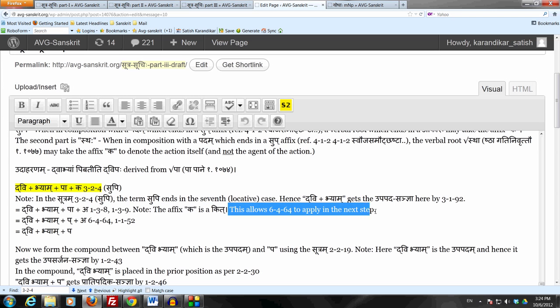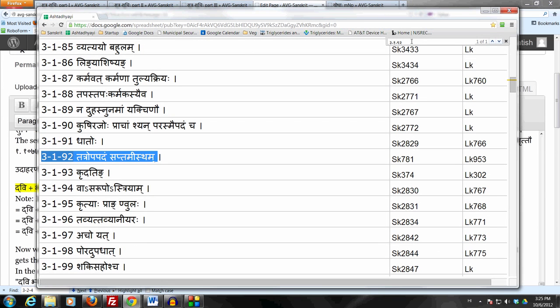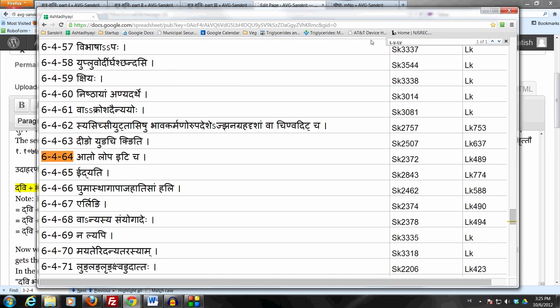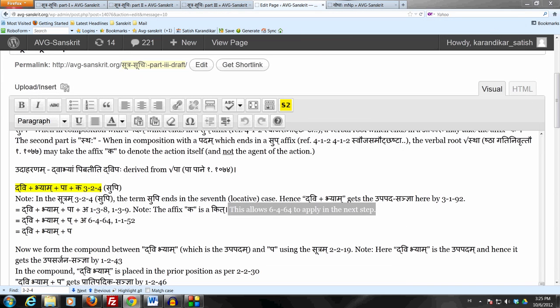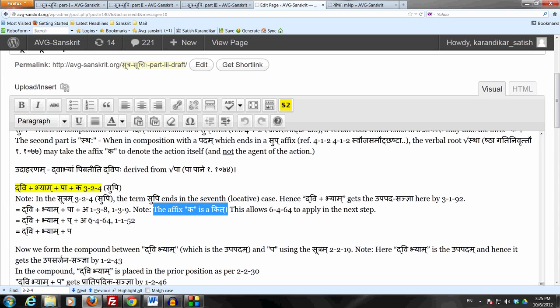This derivation part is similar to what we had in the prior sutram. So now we use ato lopa iticha because we have an ardhadhatuka pratyaya, in this case ka, which after anubandha lopa is akaraha. It's an ajadi pratyaya, beginning with a vowel, and it is a kit pratyaya, which allows us to apply the anga karyam, which is 6464 ato lopa iticha.